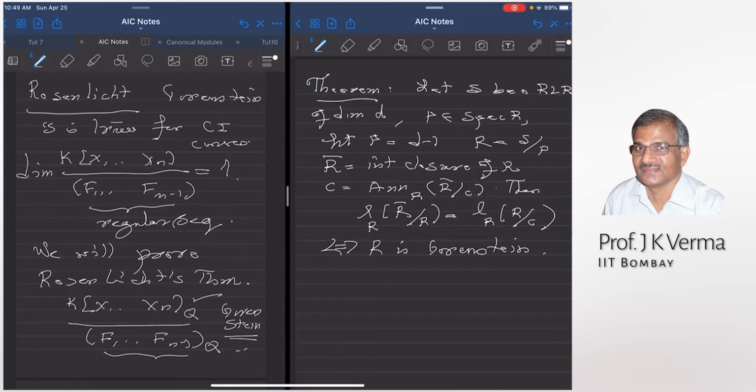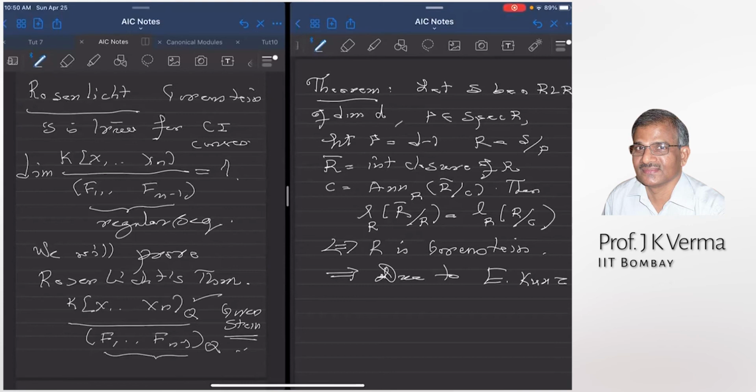So Gorenstein, of course, proved only one direction. And Zariski had some inkling that actually it is a characterization of Gorenstein local rings. And he asked Kunz. So Kunz proved this direction. This is due to Kunz. And there's a beautiful paper of Kunz.